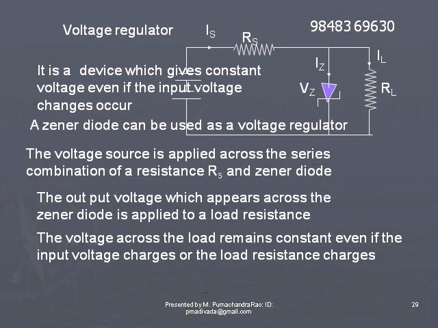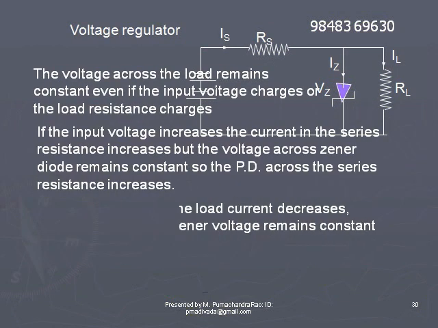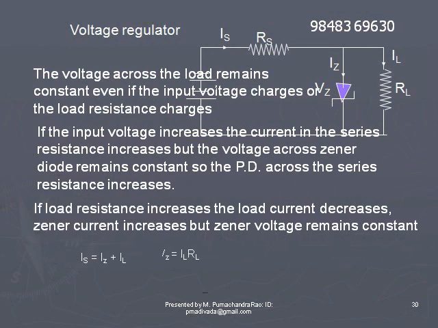Similarly, if the source voltage decreases, then the voltage across Rs will decrease. But the voltage Vz remains constant across the Zener diode even though the current through the diode decreases. So a constant voltage Vz is applied across the load resistance RL. So there will be no effect on the current passing through the load resistance or the voltage applied across it.